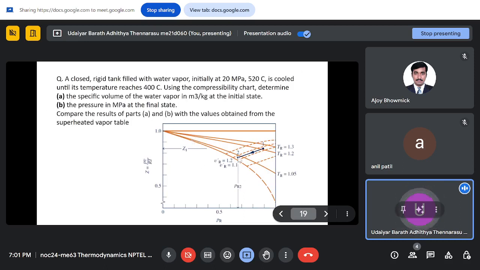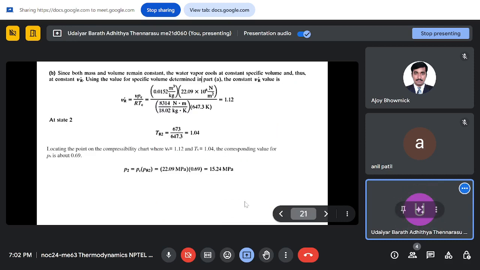So at state 2, the dark lines are constant TR lines, and dotted lines, dash lines, are constant volume lines. So correspondingly, you find out that your reduced pressure at state 2 is somewhere close to 0.68 or something. So from this, your reduced pressure is 0.69.